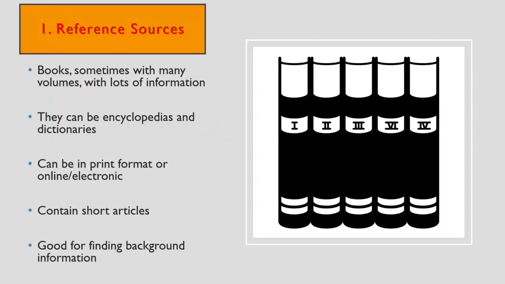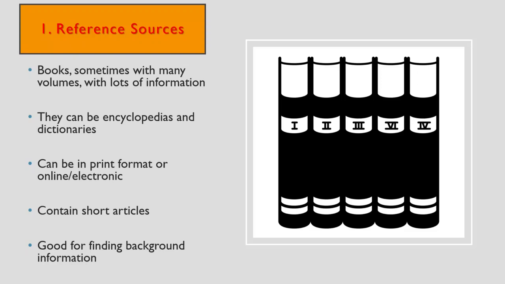Reference sources do include books, sometimes with many volumes. So that would be like an encyclopedia that has many volumes, and they contain vast amounts of information. As I mentioned, encyclopedias and dictionaries are formats of reference sources. They can be in print, or they can be online and electronic.